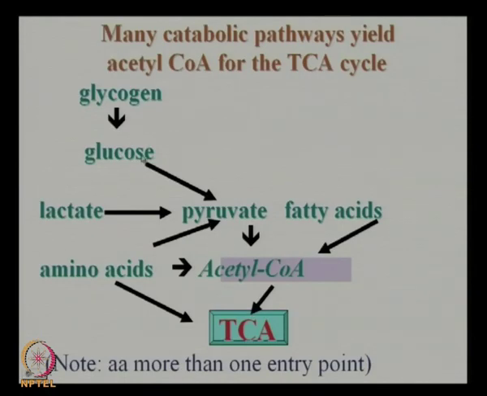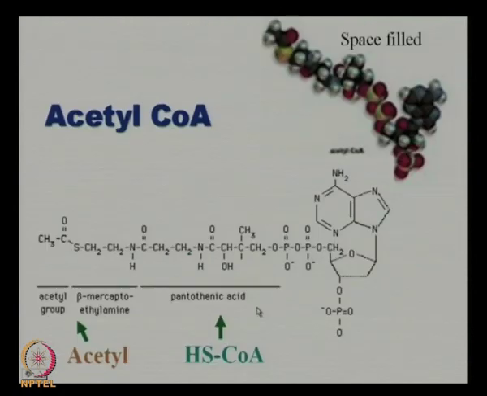Now, as I have already mentioned, pyruvic acid can be produced from glycogen to glucose to pyruvate, lactate to pyruvate, fatty acid, and amino acid to pyruvate, and this pyruvate is getting converted to acetyl CoA. Fatty acid can also give acetyl CoA and this acetyl CoA is entering the TCA cycle.